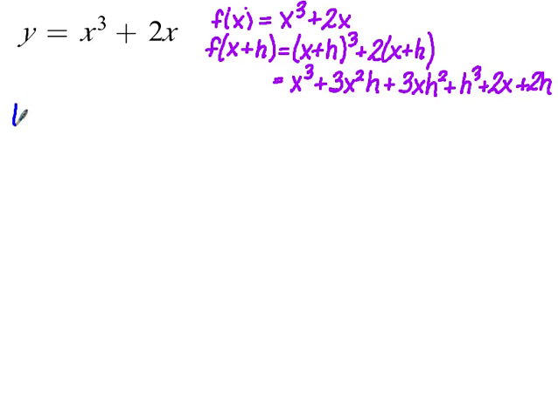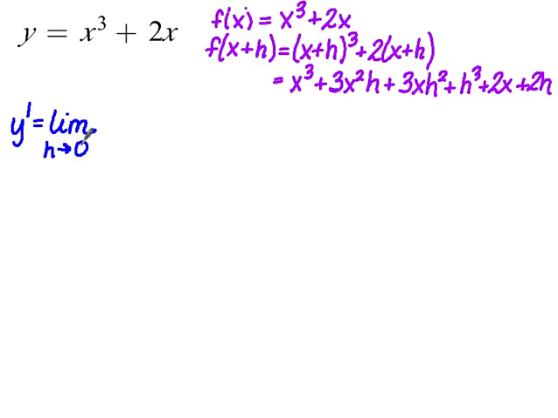So now I've got the limit. Actually I take that back. I'm going to go ahead and write my y prime. So I've got y prime equals the limit as h approaches 0. Now if you remember, I start with the f of x plus h.